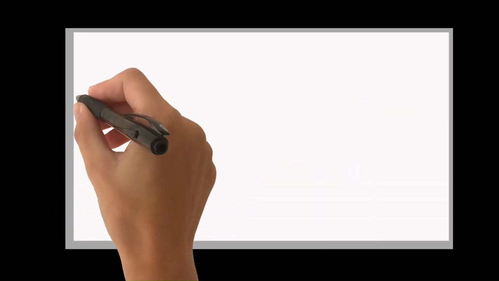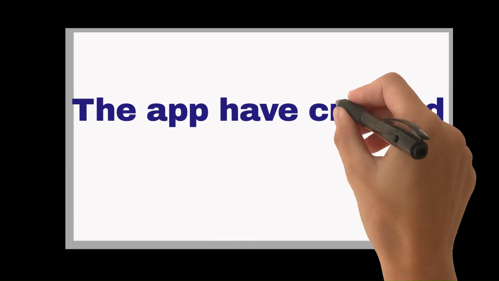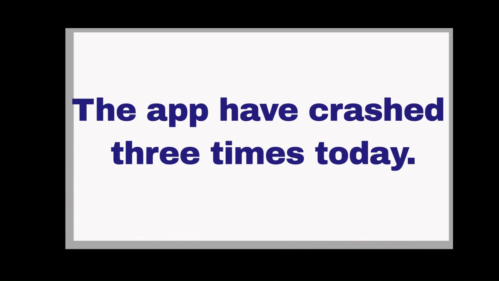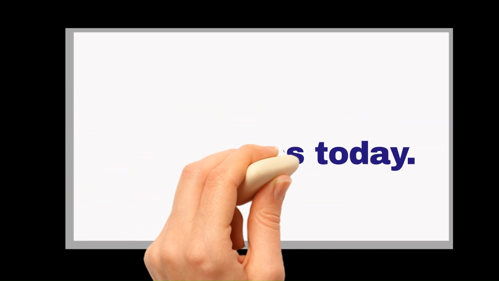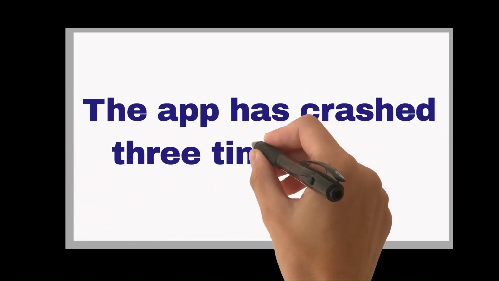Sentence 5 is, we haven't backed up our files yet. That's perfect as it is. Our next sentence is, the app have crashed 3 times today. What's wrong here? The correct sentence is, the app has crashed 3 times today.